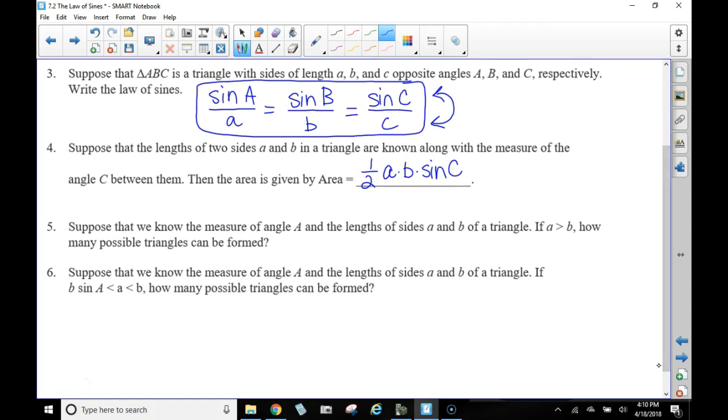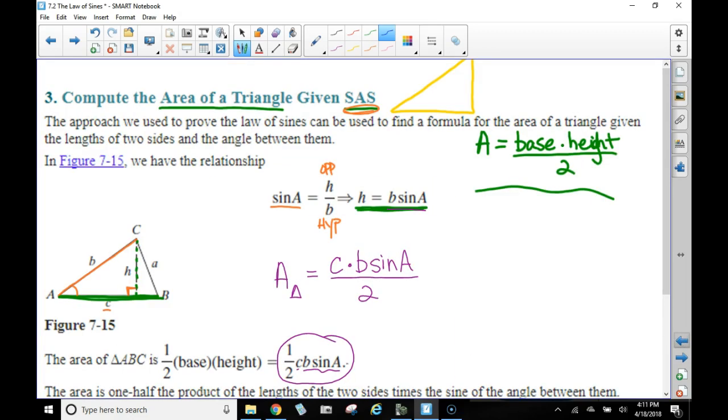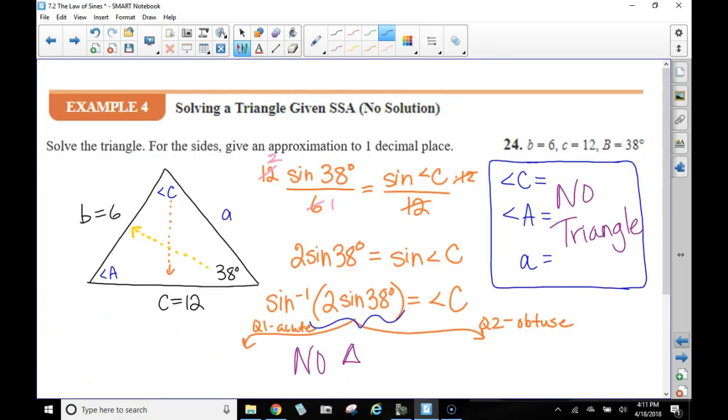All right, number 5 says, suppose that we know the measure of angle A and the lengths of sides a and b of a triangle. If a is greater than b, how many possible triangles can be formed? Let's see. If a is greater than b, I can't remember all those cases, I just kind of write them out.